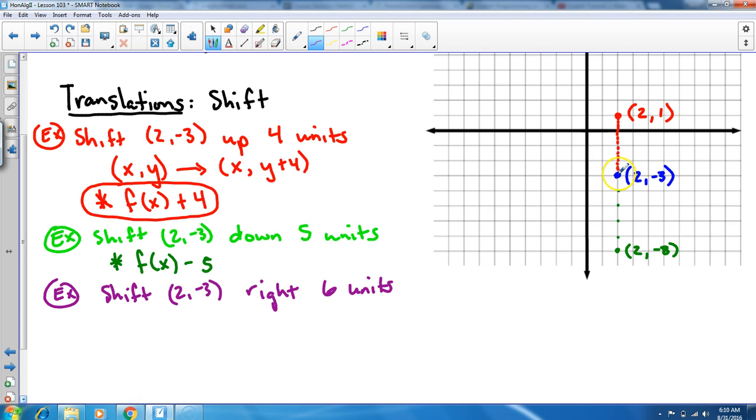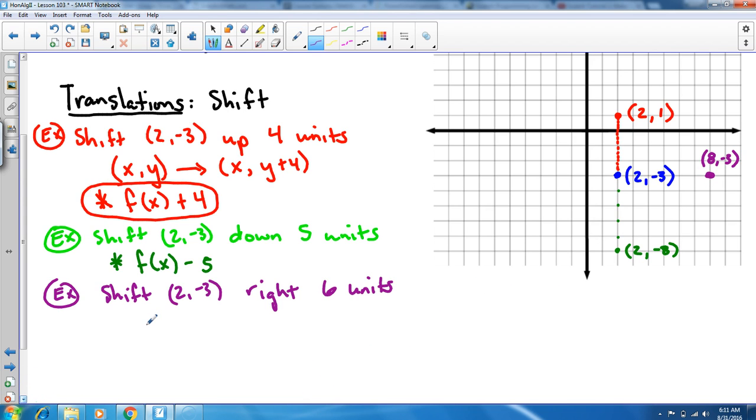So graphically, here's our original point. We're going to shift 1, 2, 3, 4, 5, 6. That's what it looks like. Here's my new point. It is at 8 in the x direction, and -3 in the y. So notice this time your x changes. So this is at (8, -3), and your y actually stays the same.